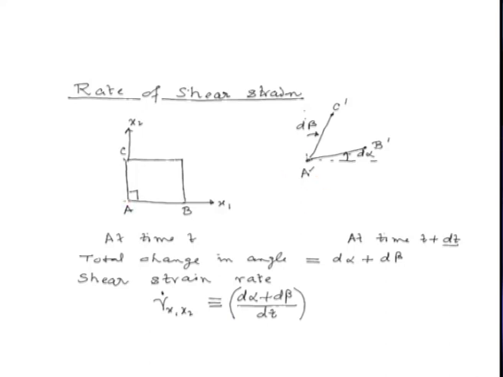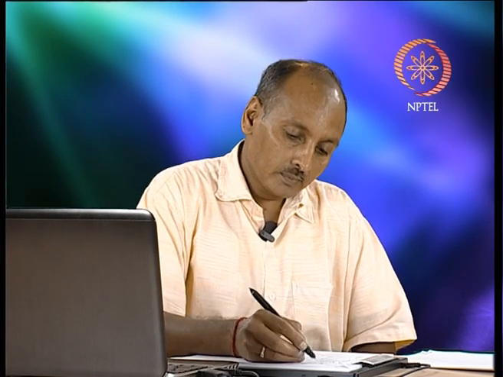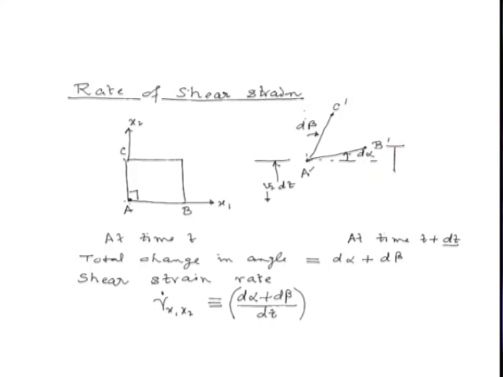A shifts from A to A prime, and this shift would be given by the v2 velocity component at point A, this is v2 times dt. How much would be the change in B? This change can be obtained if you look at the v2 velocity at B. So, this will be given by v2 plus del v2 over del x1 delta x1.